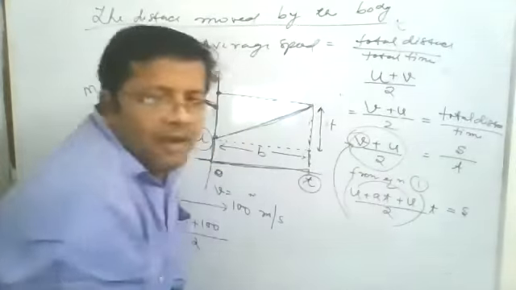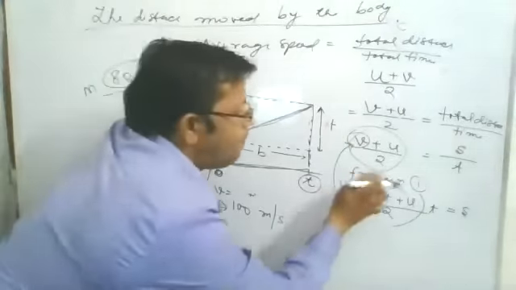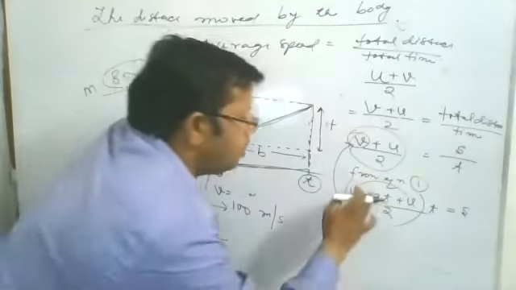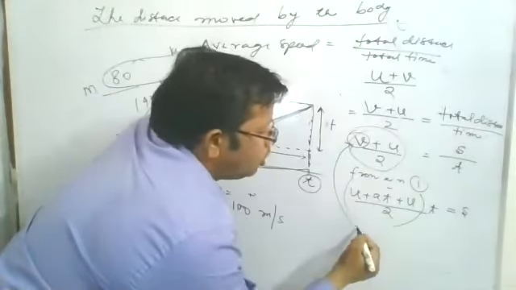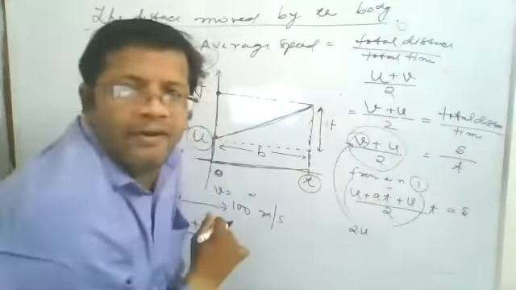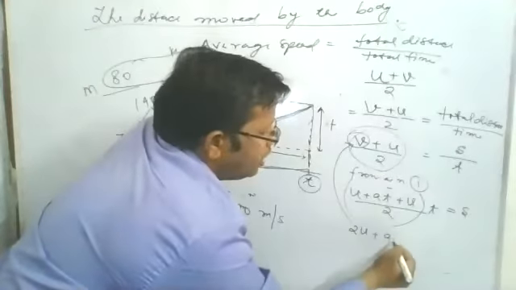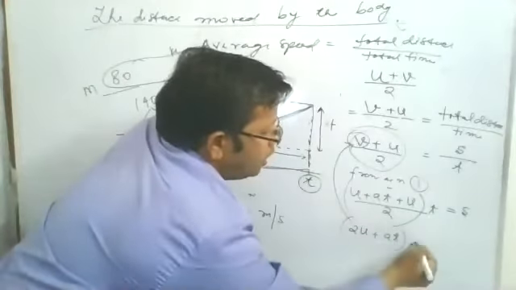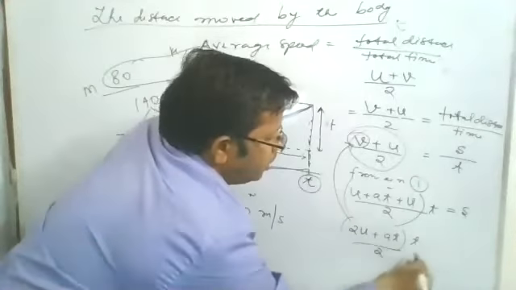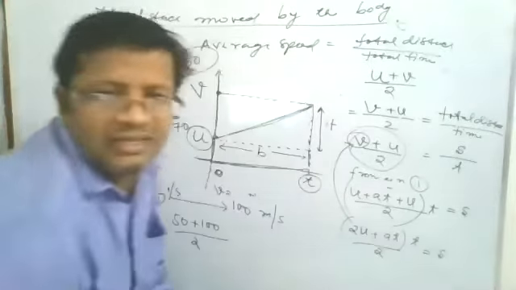U plus U, 2U, plus AT, into T divided by 2 is equal to S.